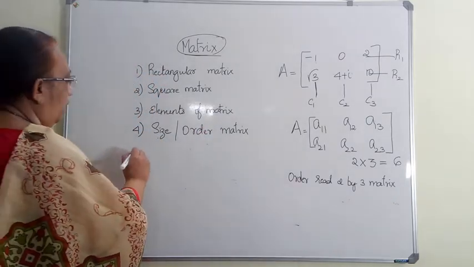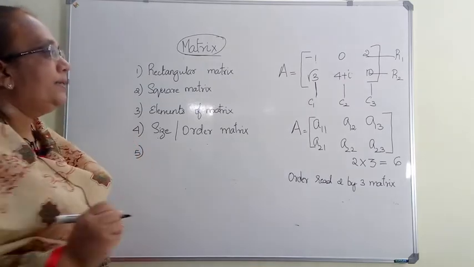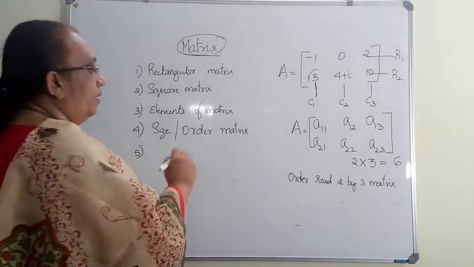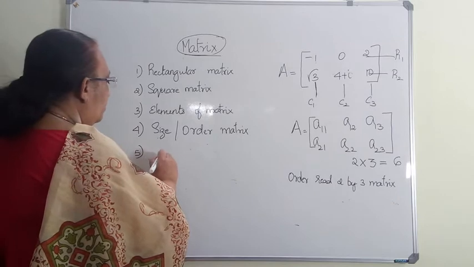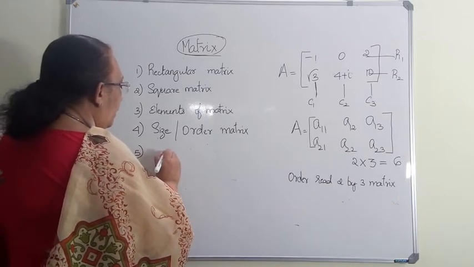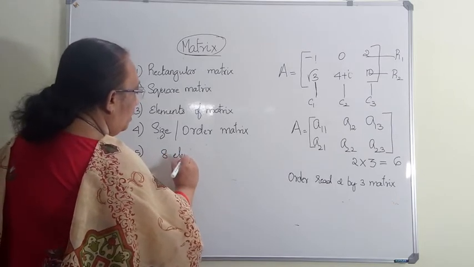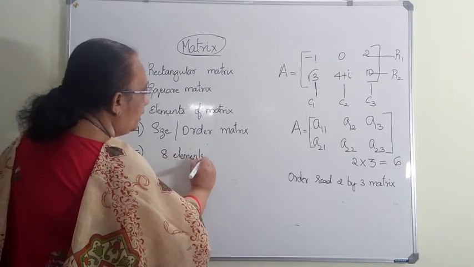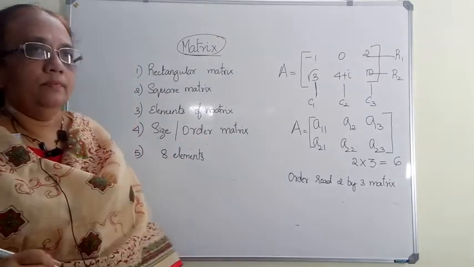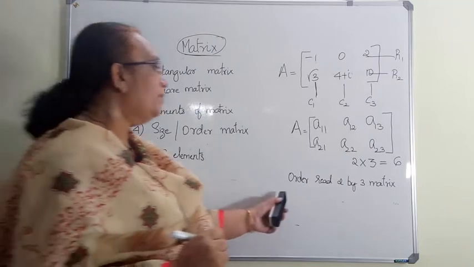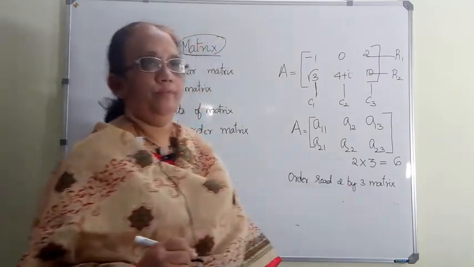Now, let us consider a matrix having 8 elements. What are the possible orders it can have?